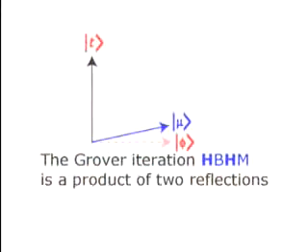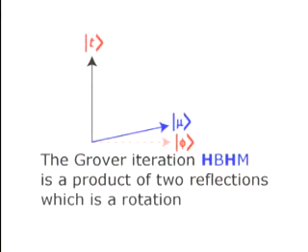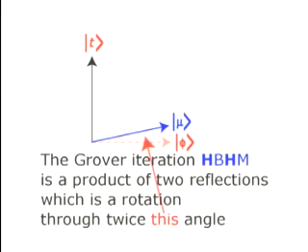The product of these two reflections, namely the Grover iteration as a whole, is a rotation. You can easily prove that it's a rotation through an angle 2 arc sine 1 over root n, exactly twice this angle, and in the anti-clockwise direction, in other words, towards t.